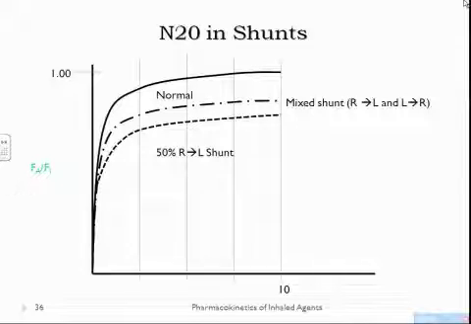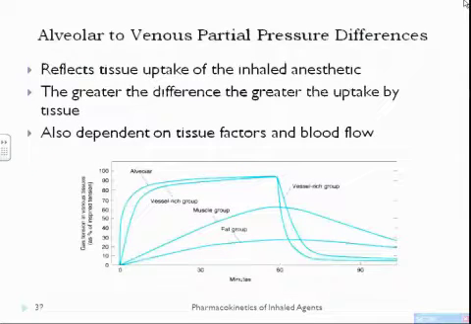Now, when you put in the mixed shunt, which is a right to left shunt plus a left to right shunt, then it normalizes to a higher level, but never gets back up to what it should be. Is that clinically significant? The person's still going to be asleep by that point, and it's still pretty quick, but it's again something to discuss about nitrous oxide and shunts.